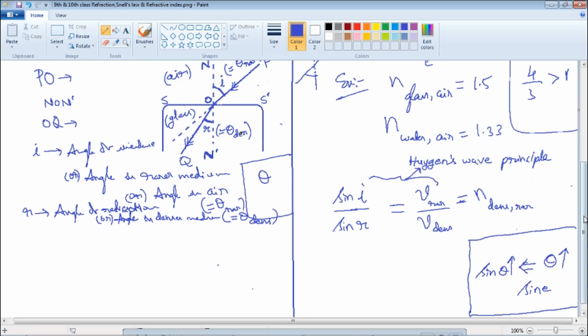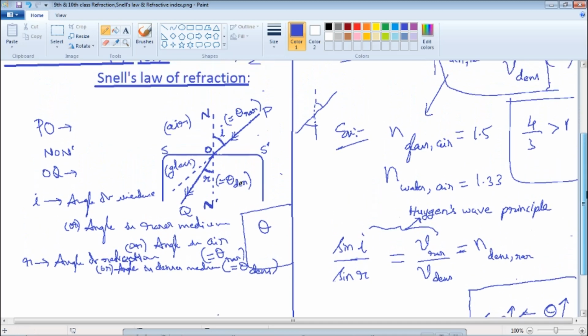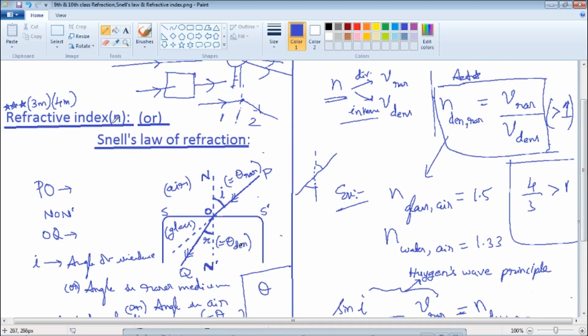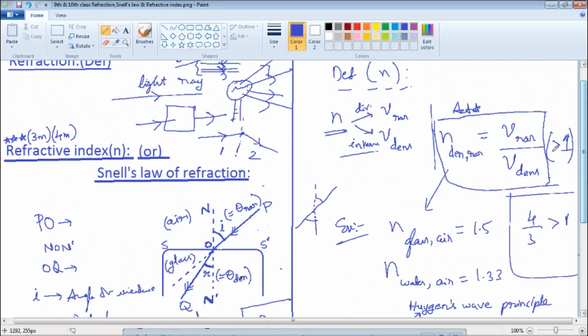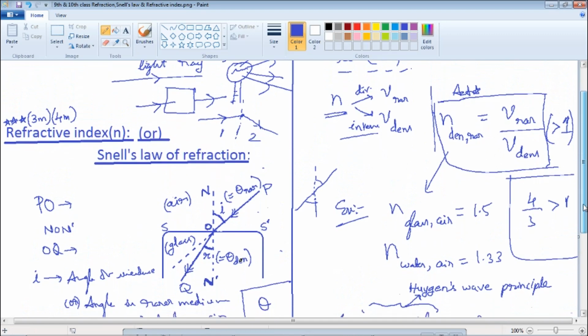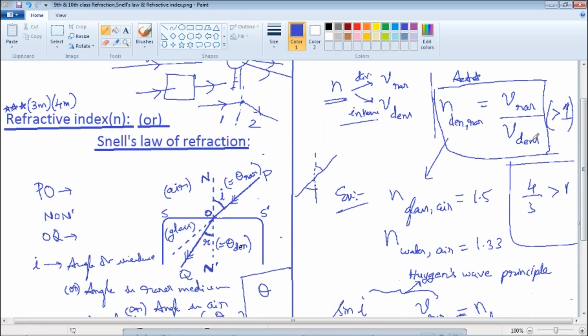Now already we have seen the topic. The topic name is, just try to remember, refractive index n. So now we have two definitions for refractive index. And what is Snell's law of refraction? Snell's law of refraction is this second equation itself. This is the first very important equation in this topic. It carries 3 marks, 4 marks, even 5 marks also. So the main two equations are these only. This is the first equation, which is nothing but the first definition of refractive index.